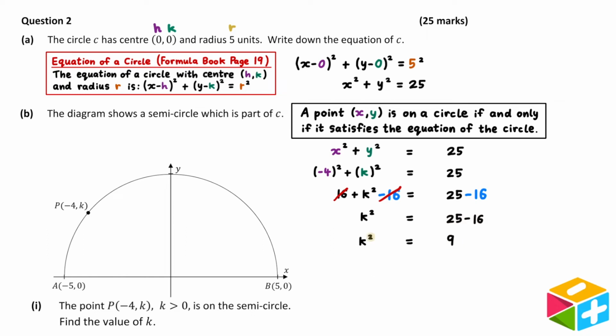Now, we'll need to remove the square. The inverse of a square is a square root, so here we should square root both sides of the equation.